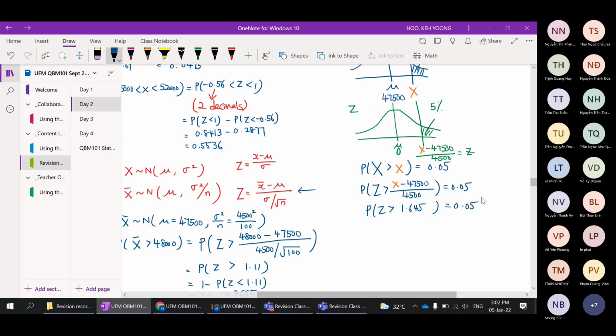If the area is on the right side, then it is a positive Z value, positive 1.645. So these two are equal. X minus 47,500 divided by 4,500 equals 1.645. Solve this equation to find the X value.